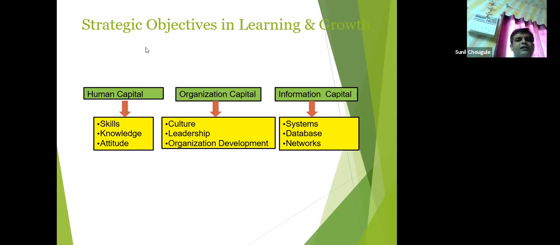Now, how is attitude measured? I will give you an example. In an ongoing class, a teacher is explaining one particular subtopic from a chapter. That subtopic is a little bit complicated.